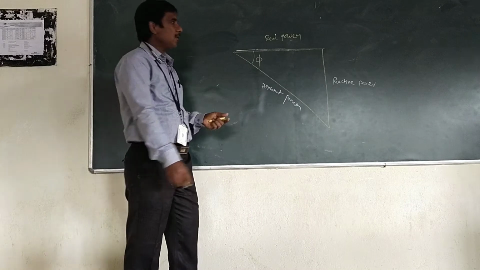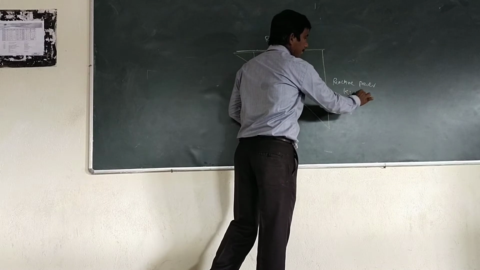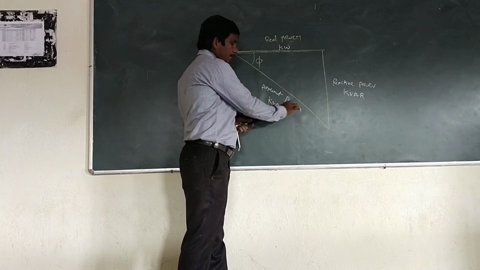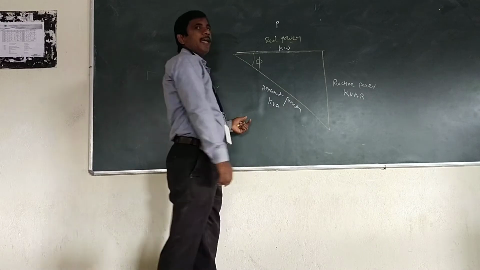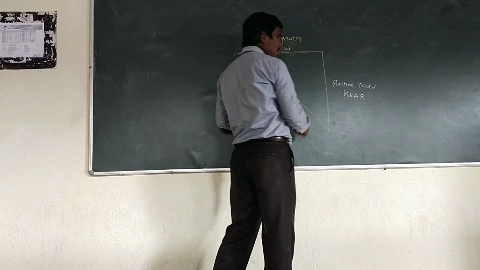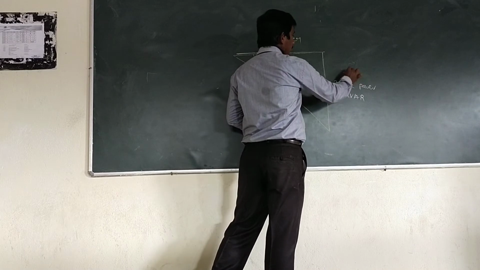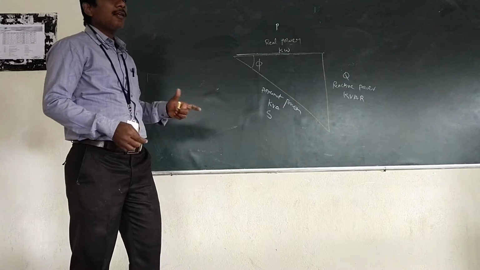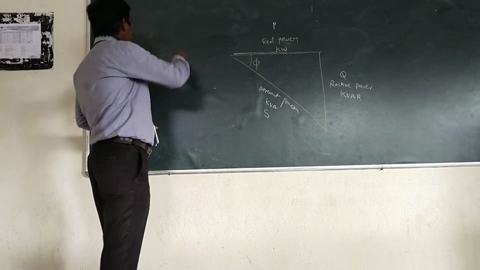Real power is in kilowatt, reactive power in kVAr, and apparent power in kVA. Simply, real power is P, reactive power is Q, and apparent power is S. From the power triangle we are going to derive the capacitor size required. That is power factor correction.